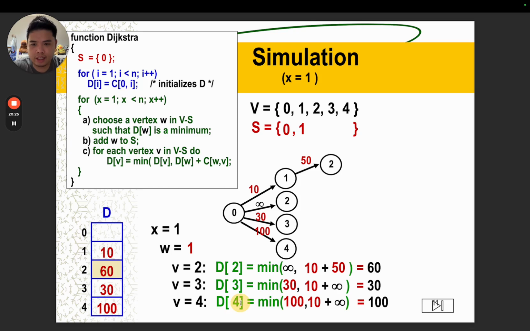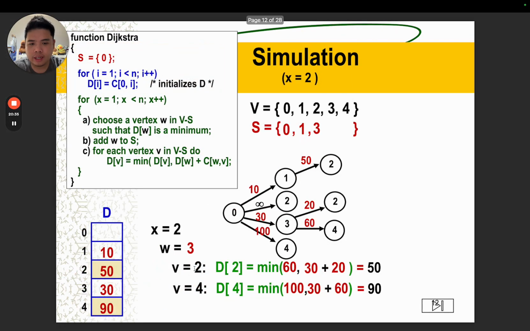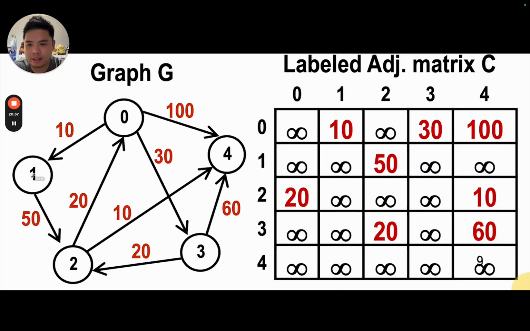So dv gets min of dv. dv is 100, comma, is there a path from 1 going to 4? Let's check. No, there is no path directly from 1 to 4. Let's not use the term path, let's use the term arc. Is there an arc from 1 to 4? No, there is not.